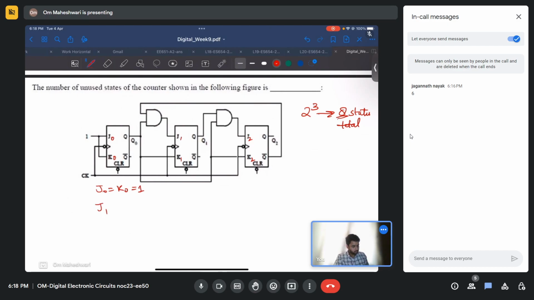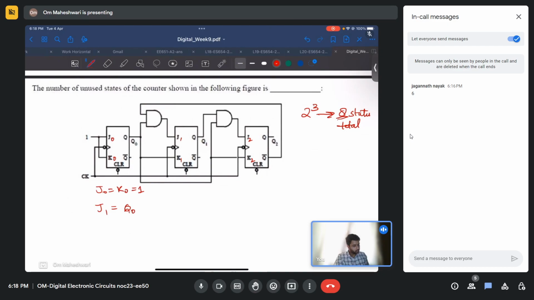J1 is Q0 dot Q2 bar. K1 is Q0, and J2 is Q1 Q0, right?